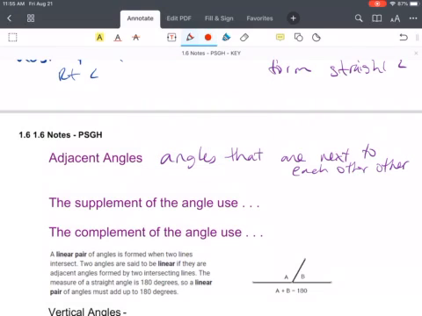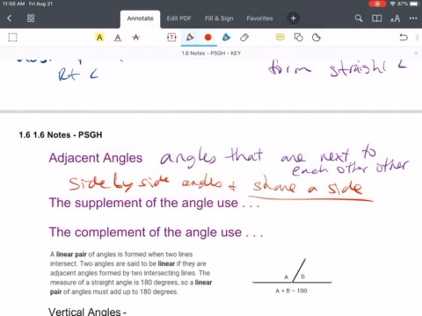So they are angles that are side by side, and they share a side then. So adjacent angles would be like that angle is adjacent to that angle because this middle side here is the shared ray or side of each of the angles.